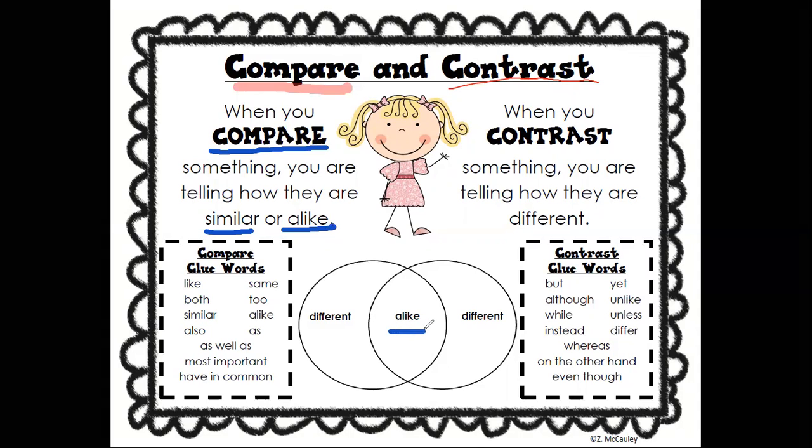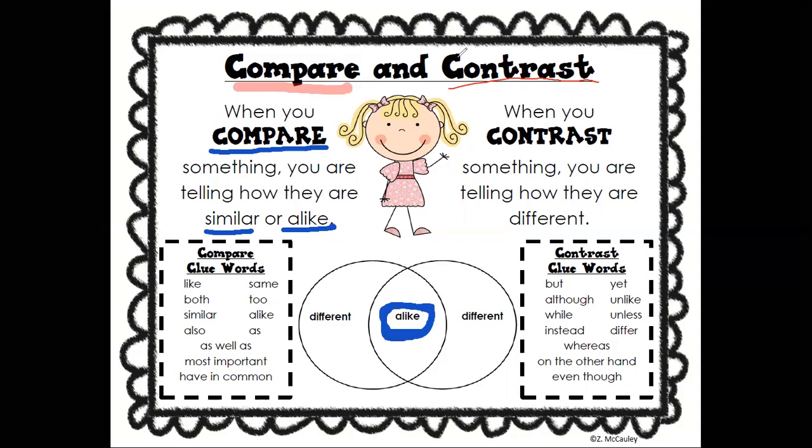And that's what's going to go in the middle when I compare. You'll notice that in our first activity, we're going to be comparing Piggy and Gerald. In our second activity, we're going to be comparing two stories, and we're going to figure out how they are alike and how they are different.